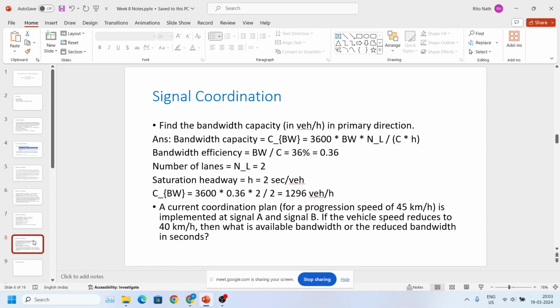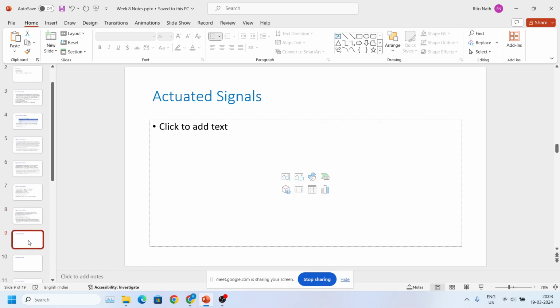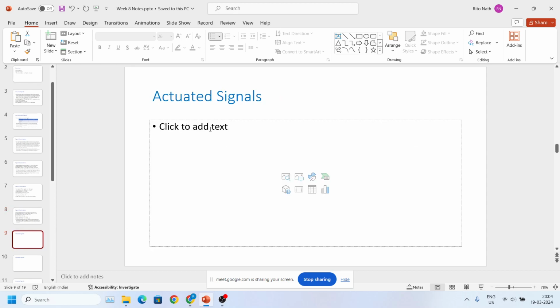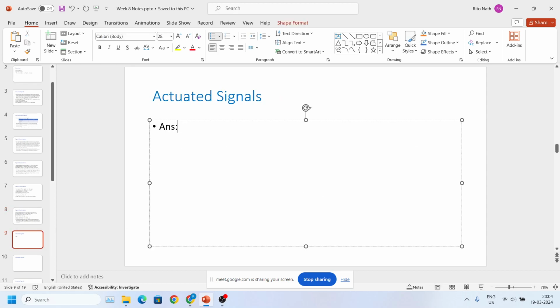Okay, so what basically you have to do here is, you have two speeds, so let's write it down in the next slide. So one is the current progression speed, which is 45 kilometers per hour, which is 12.5 meters per second, as calculated before.